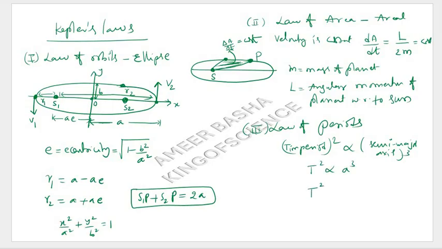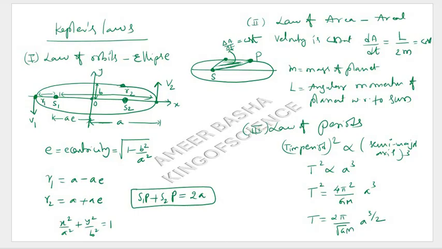That proportionality constant comes out to be 4 pi square by GM, so T square equals 4 pi square a cube by GM. So the time period is 2 pi by root GM times a power 3 by 2. This is the law of periods. These three laws are very important, and they are directly required to solve the problems.